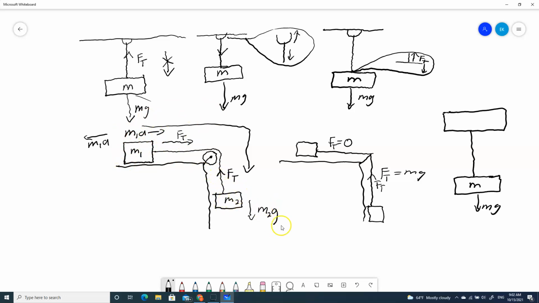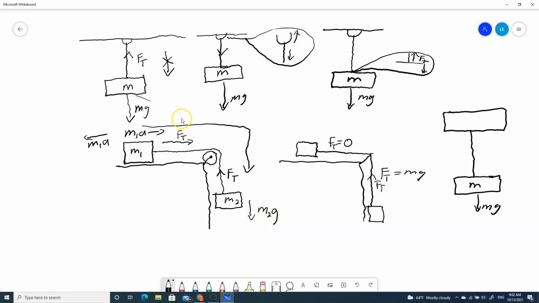And in this case, you can clearly imagine the M2 g-force getting transferred throughout the rope, pulling this M1 down. But in order to pull it down, it has to pull down with a certain tension, because it doesn't pull down with a tension of M2g.